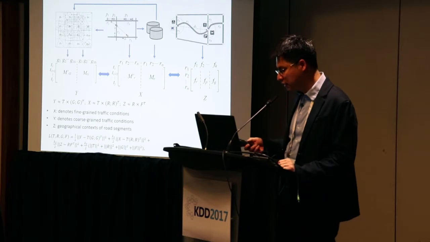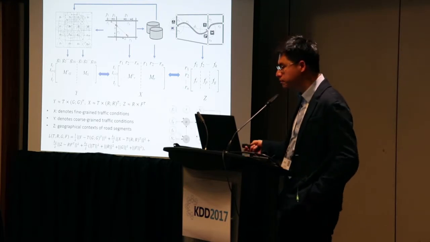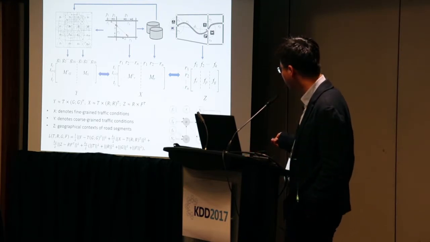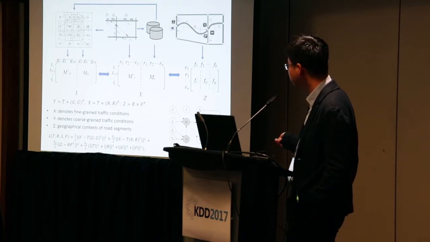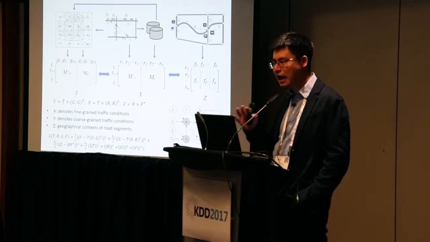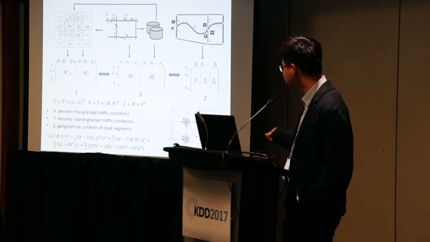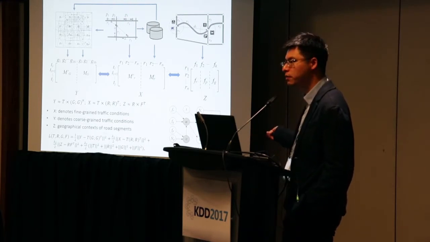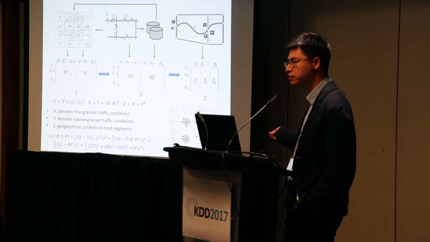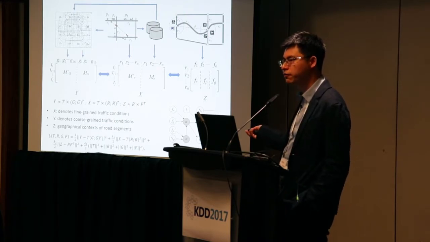Okay, and regarding the traffic volume, we're trying to infer the volume of the entire set of vehicles, not only taxi cabs, on the road segment. This is what we're going to infer. It's invisible, so we use Greek notes to denote invisible information.